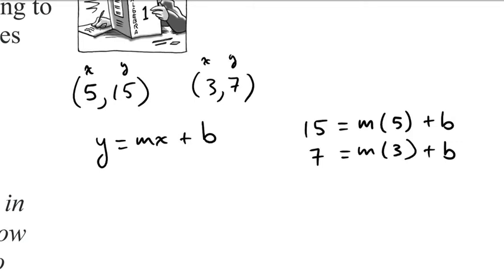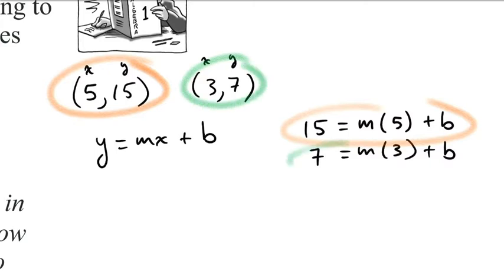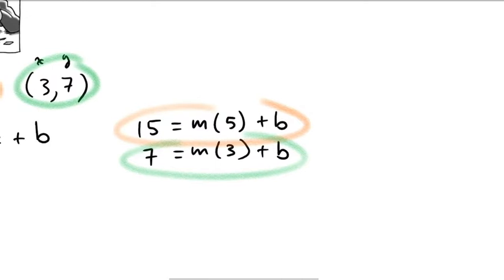So when I do this, what we end up getting is a system of equations. I've got 2 equations, the first one is based on this point, and the second one is based on this point 3, 7. And because I have these now, I can solve this as a system of equations.